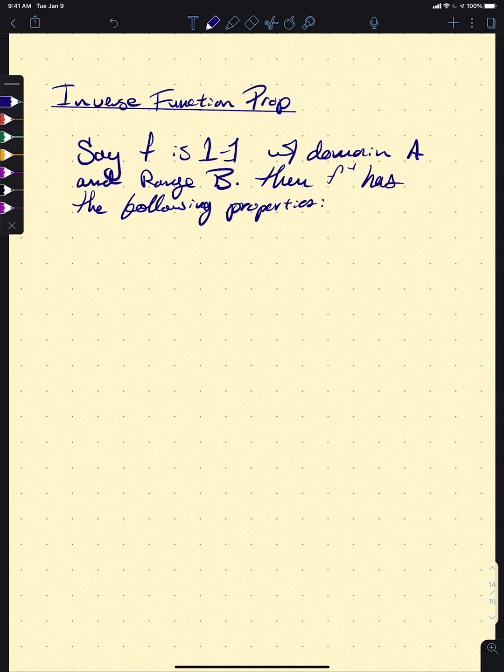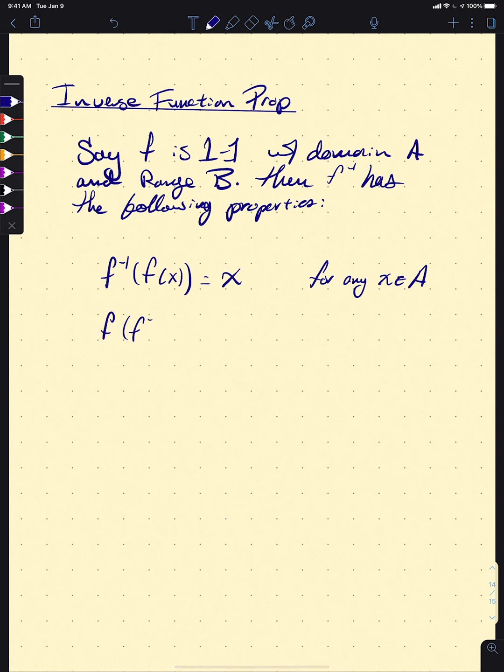First, if we take f inverse of f of x, so first we apply f, and then we apply f inverse, well, that should just give us x for any x in my domain. Similarly, if we apply f to the inverse of some element y, we should spit out y back. This is what it means for our functions to undo each other.